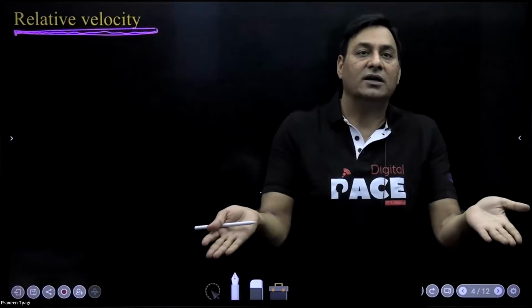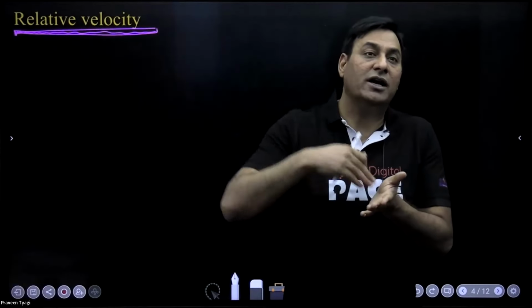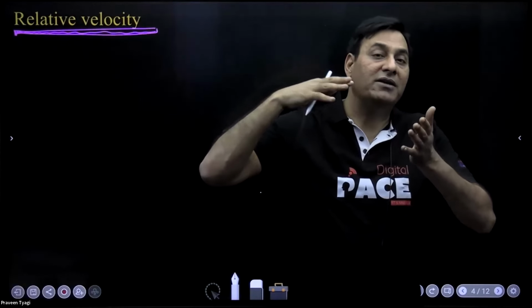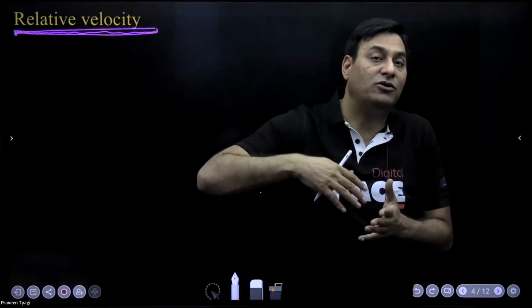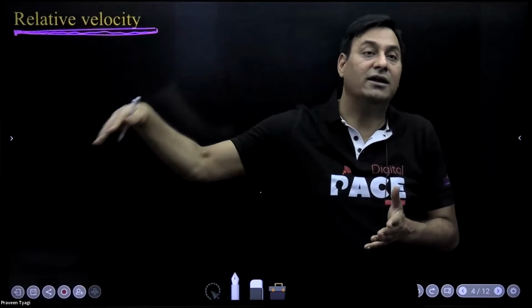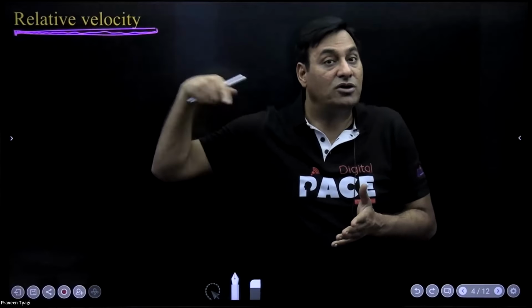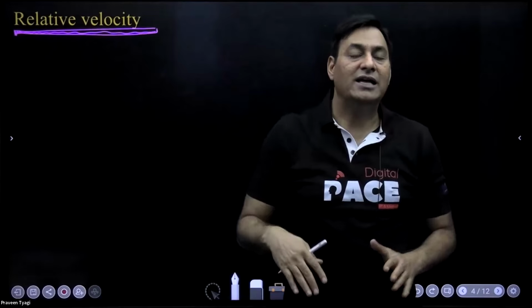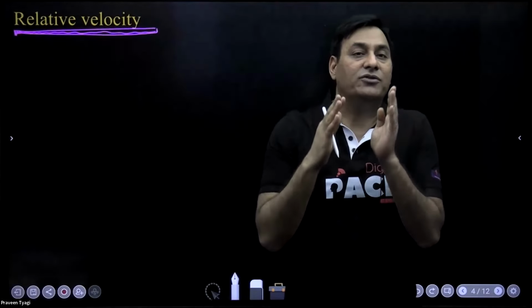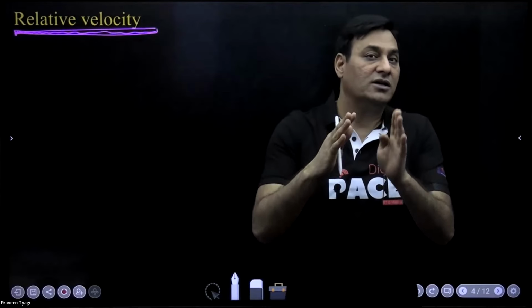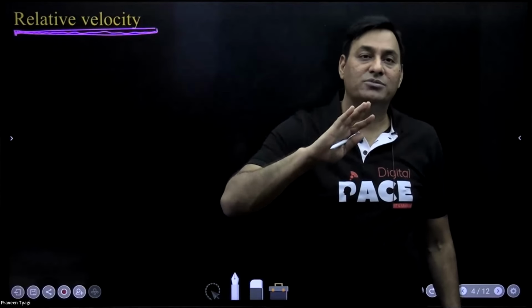Who's the observer? So you can define my motion with respect to some observer. As observed by that person, you are at rest. As observed by that alien, you are moving. So motion can never be absolute.